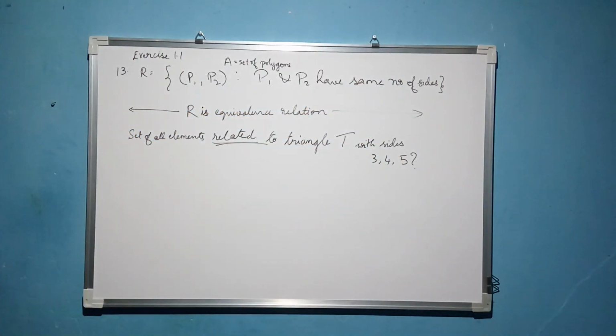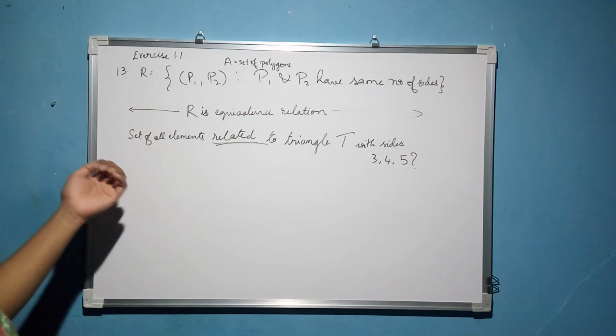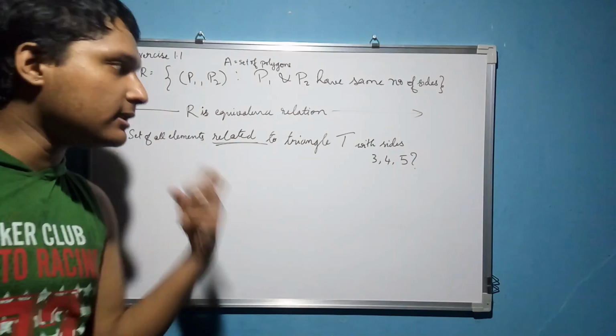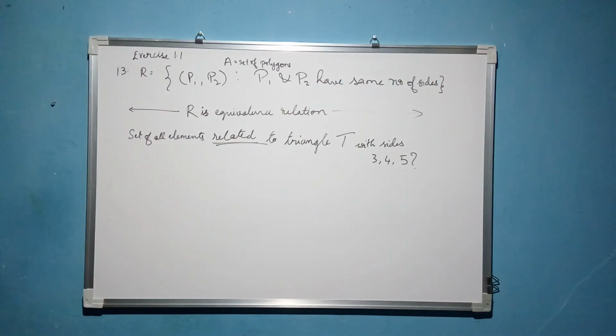They are related only if they have the same number of sides. And you need to just prove the equivalence relation as done in the previous questions. The second part of the question is you need to find the set of all elements that are related to a triangle T with the sides 3, 4 and 5.